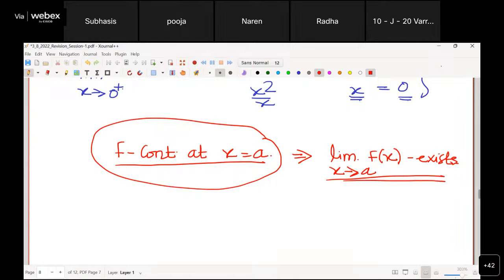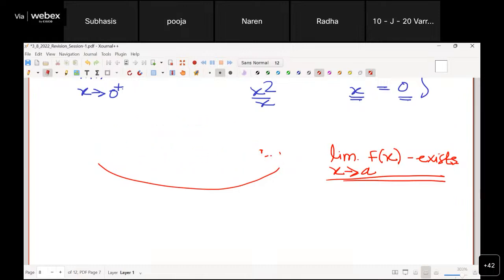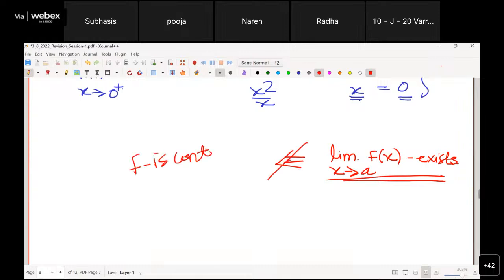But suppose I know that the limit exists. From there I can't say that f is continuous. Certainly, I can't say the reverse. The converse is not true.